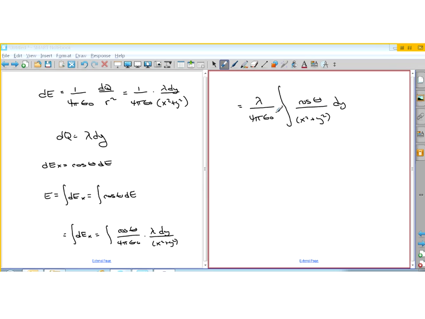Okay, so the theory here is that we could integrate from negative infinity to positive infinity as far as y is concerned, or we could do the integration with respect to theta.